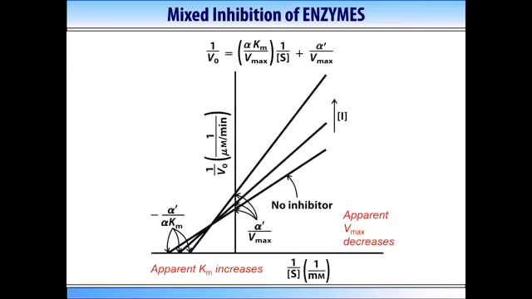So in the double reciprocal coordinates, the effect of the mixed inhibitors would look like this. The lines would not intersect at the y-axis, but they will intersect somewhere in this zone. So if by doing the experiment and studying a particular inhibitor, the scientists got this type of representation, this is a clear example of this mixed inhibition.